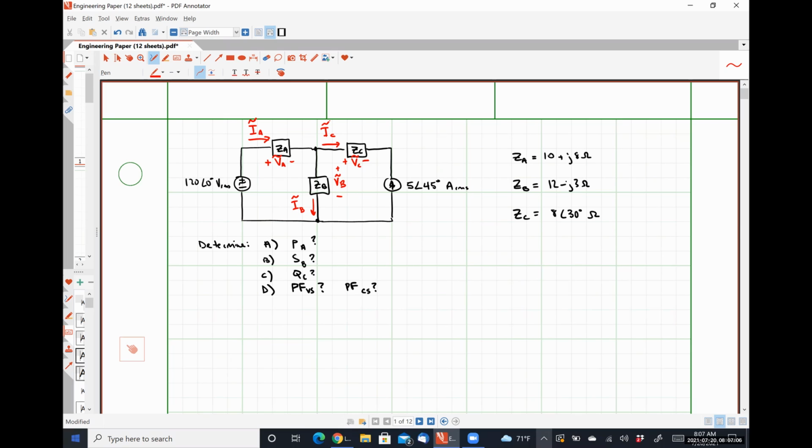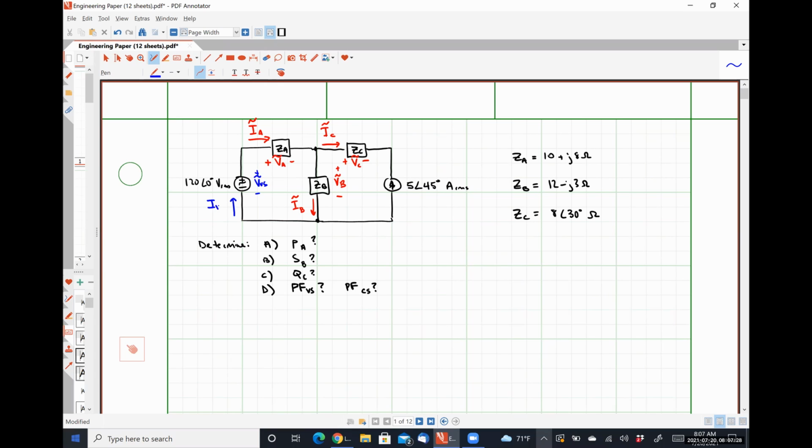For the power factor for our voltage source and the power factor for our current source, I'll do those in a different color. This is the voltage for our voltage source. And since we want the power factor at which it supplies, I want my current flowing into the negative polarity terminal.